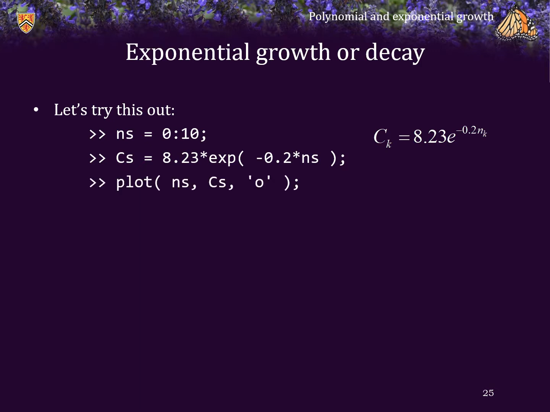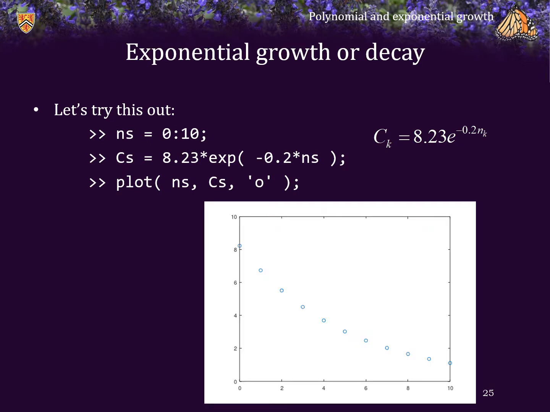We can plot the n values versus the c values, or the counts or quantities, and we see that they do indeed appear to be exponentially decaying. And there is a reasonable match of a curve passing through those points. It does appear that they are tending towards 0.